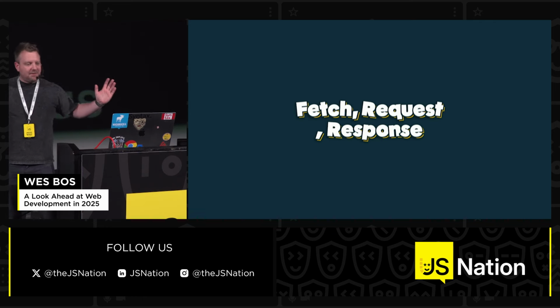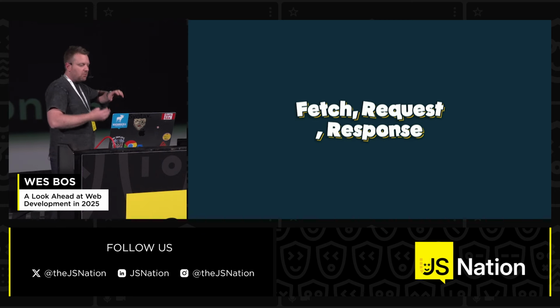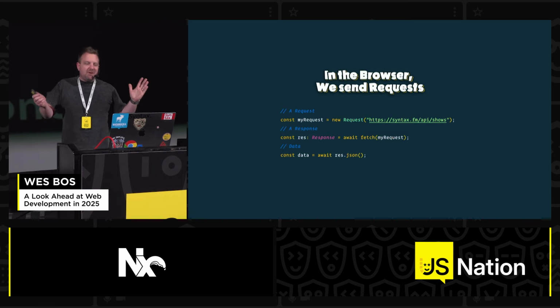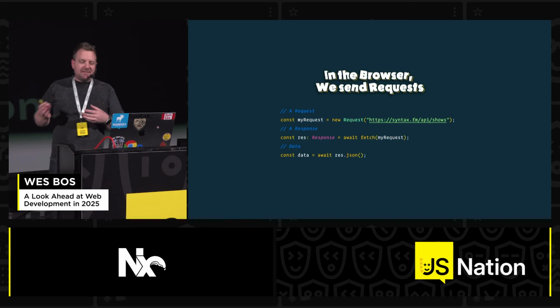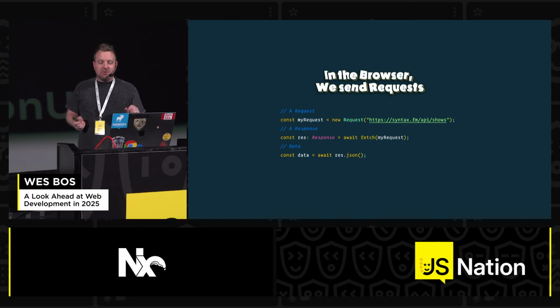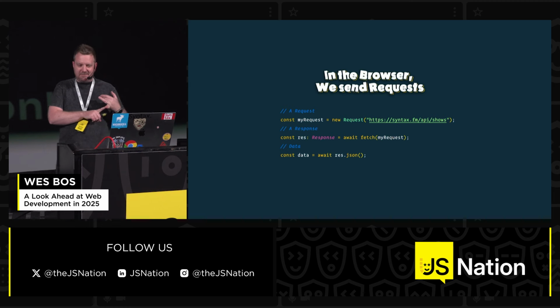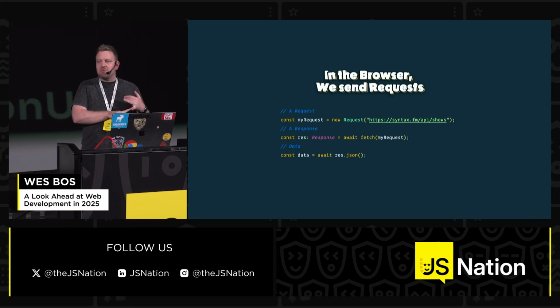And so one example of this is fetch, web requests, and web response. You've probably written this code before where if you want to send a fetch request, you might just write the fetch request. But what's actually happening is you're creating a web request, and then the response to that web request when you pass it to fetch is a web response.